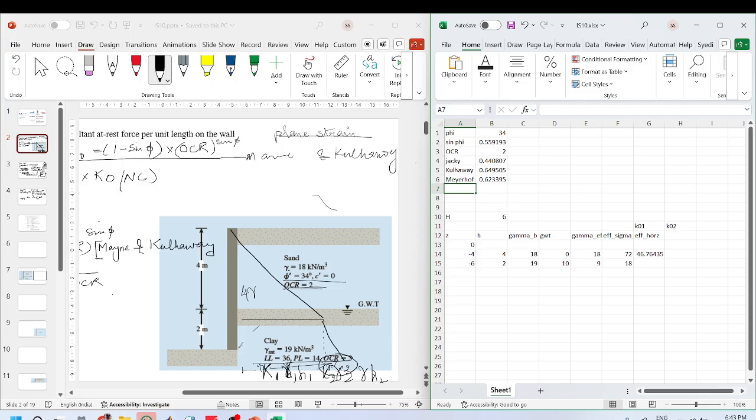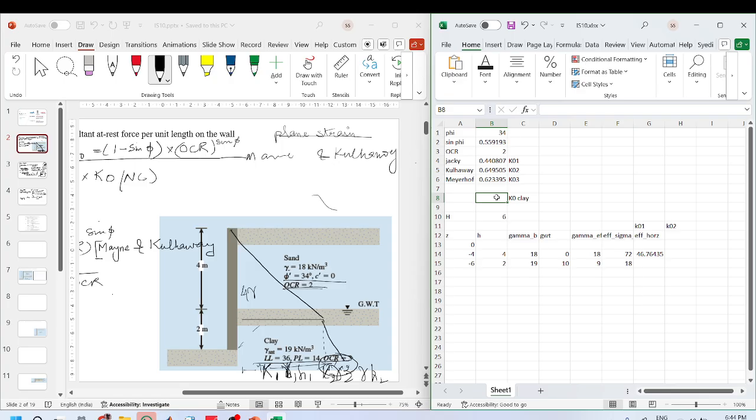K naught clay has been given as, if I use phi equals 0, I will have a K naught of, phi will be 0.